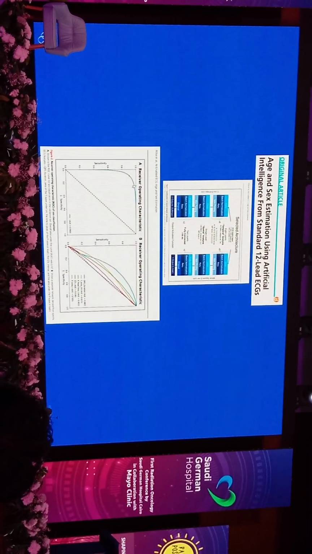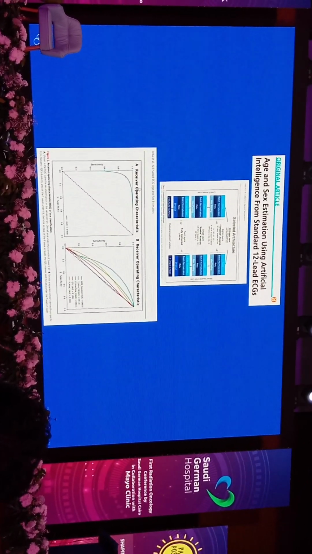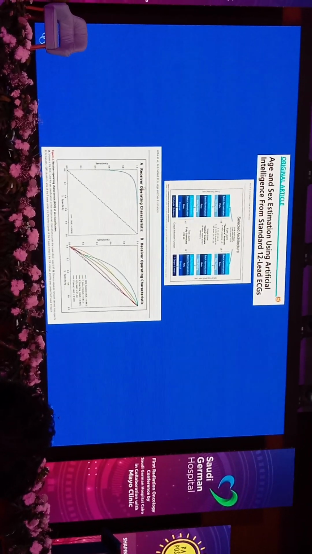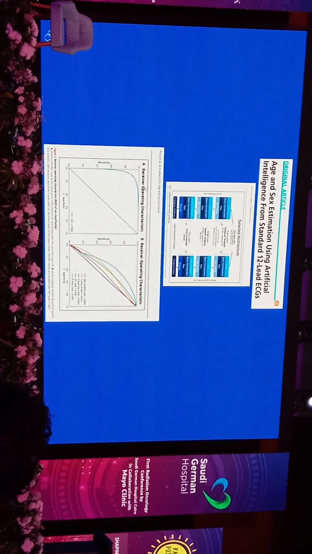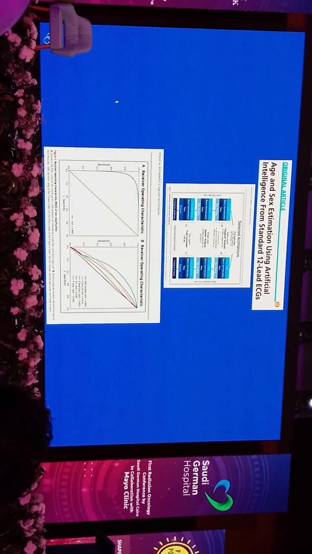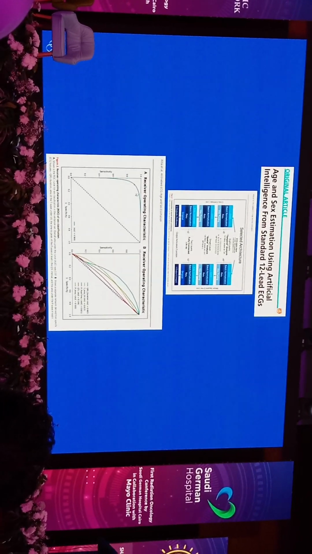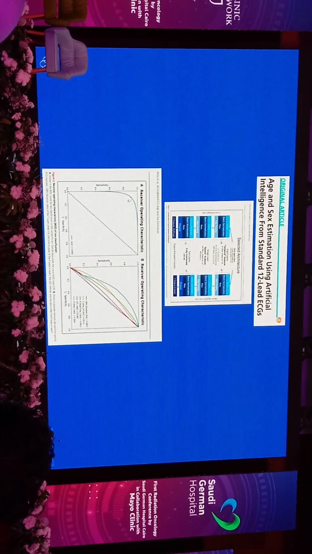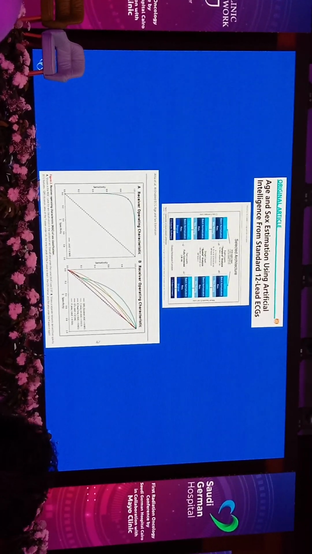They also let the computer know whether the training ECG was from a male or female. And then they fed a validation and test cohort back to the ECG and had it define whether or not the patient was male or female in terms of biologic sex.